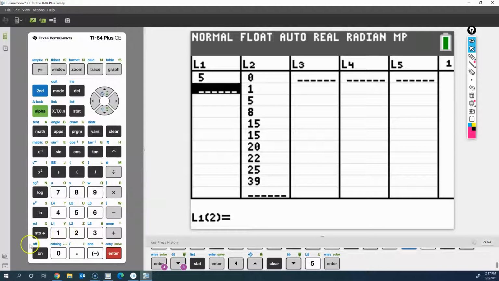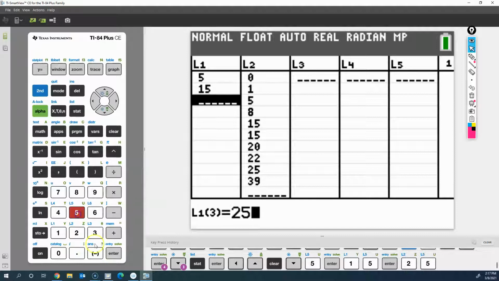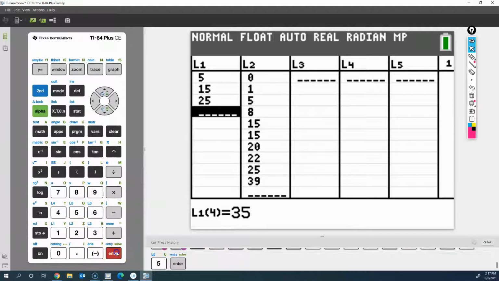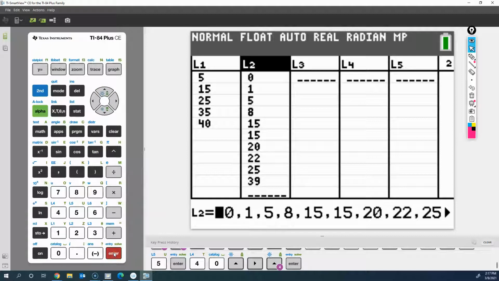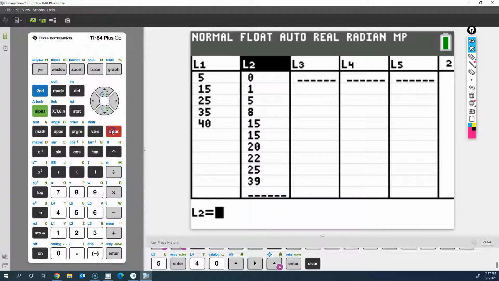So 5, 15, 25, 35, 40. And then the second list is going to be the frequency of each one of those. Clear.